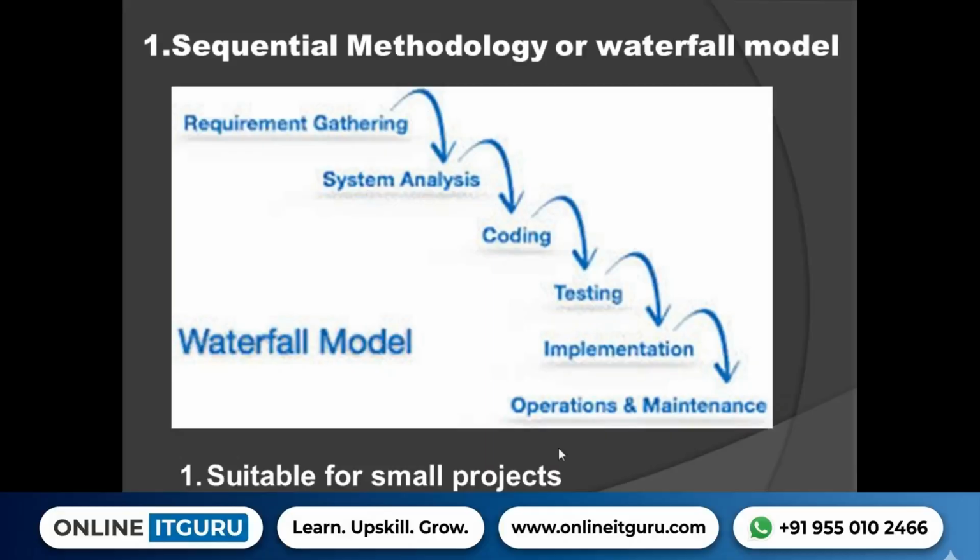In the waterfall model or sequential methodology, the development goes phase wise. We develop the first phase and do a review of the first phase. Based on the result of the review, we start the second phase. If the review says it is okay, we go for the second phase.